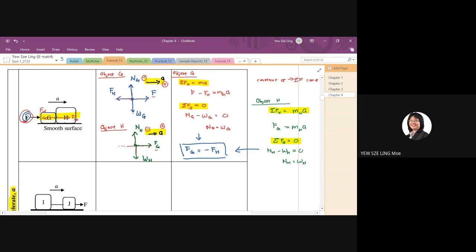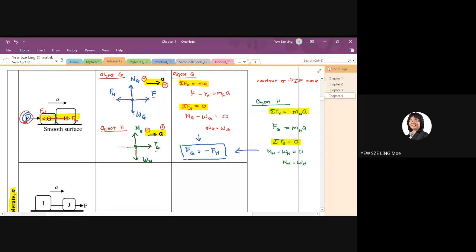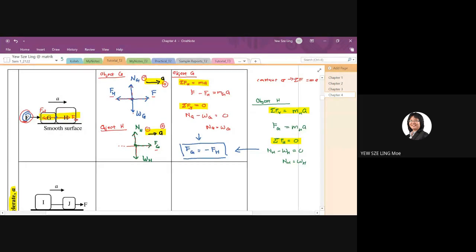Because there is something stopping it from moving, which is object H. When your object G is in contact with object H and you push it, at the same time, object H will stop your object G from moving, right? So therefore, you have a force coming from object H. This is the force that is trying to stop my object G from moving. Therefore, it's opposite to the original external force. And as you said, there is a force coming out from H, right?